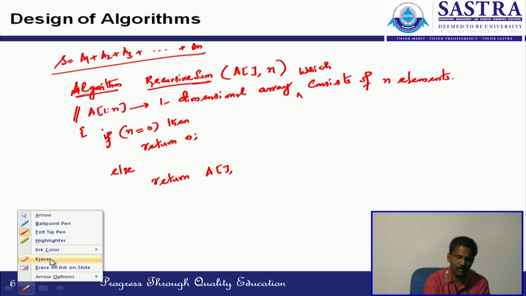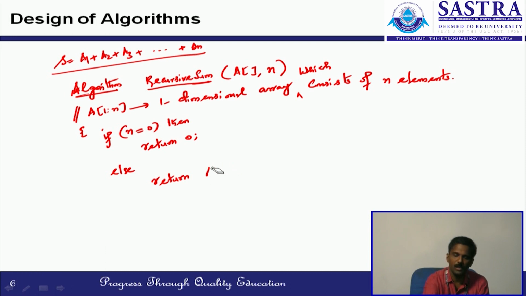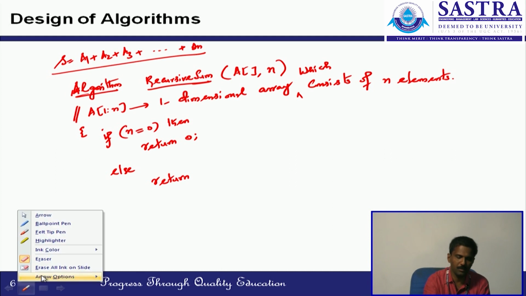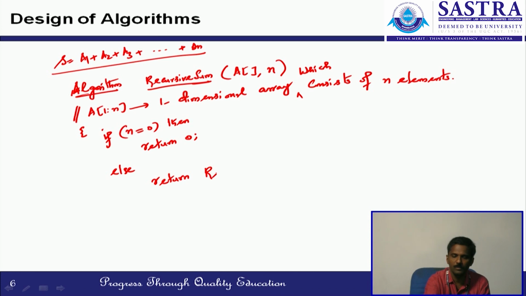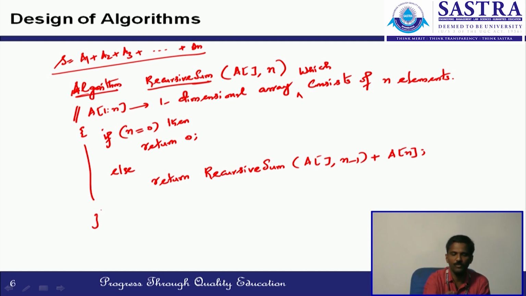What is A array? We need to use the algorithm name, then a parameter should be introduced. Return recursive sum A array comma n minus 1 plus A of n; semicolon, opening curly brace, closes here.